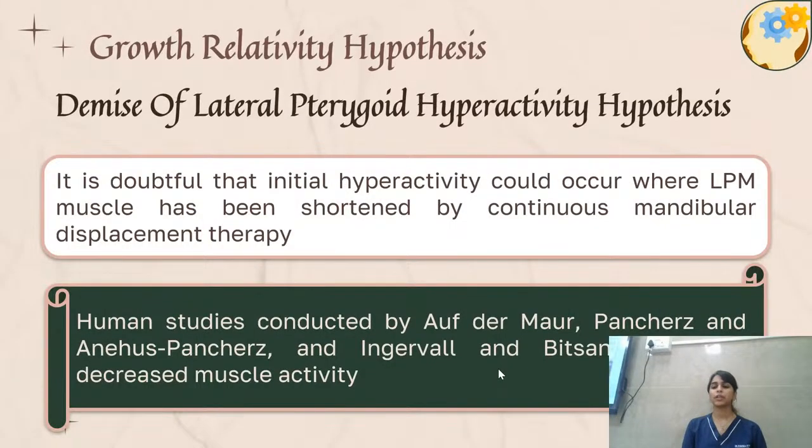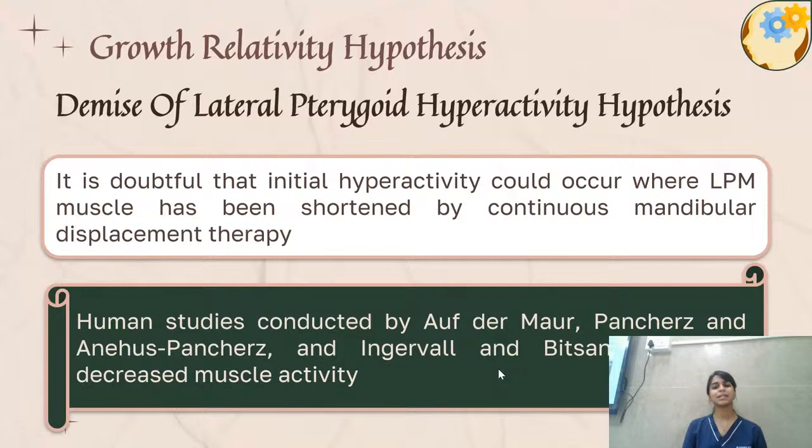So the position of the lateral pterygoid muscle creates a doubt whether it is solely responsible for action of functional appliance or not. Along with that, it is doubtful that initial hyperactivity could occur when lateral pterygoid muscle has been shortened by continuous mandibular displacement therapy.